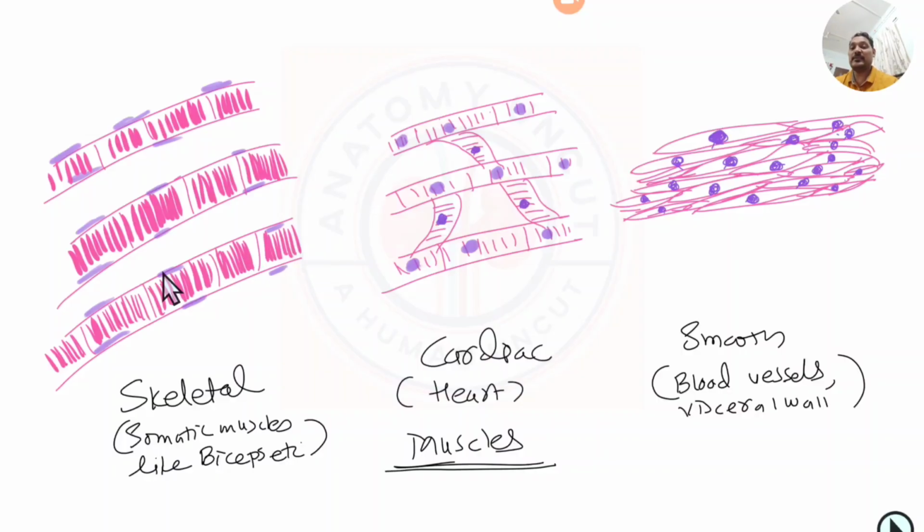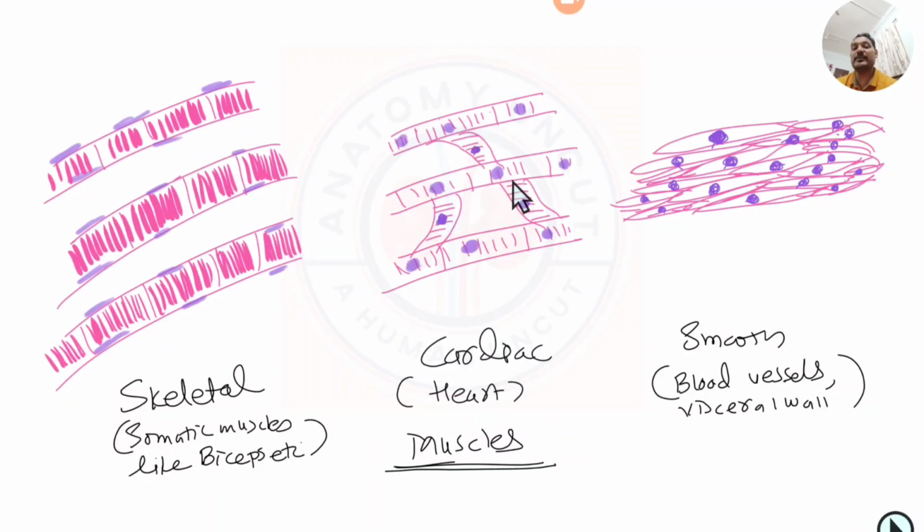Now we can see the location of the multiple nuclei on the peripheral side, whereas in the second kind of muscle you see a central nucleus, only one nucleus in a cell, and the cells are joined with a little bit of dark band, also known as the intercalated disc. In this first kind of muscle the bundles run parallel to each other.